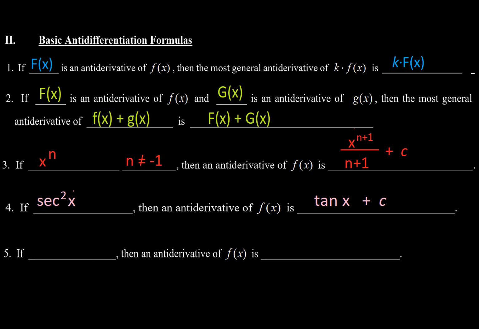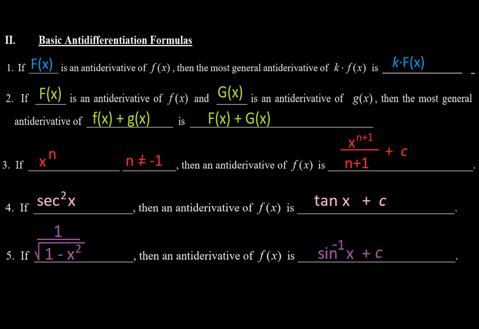Next, if I start off with secant squared, I need to think to myself, what do I take the derivative of that gives me secant squared? Oh, the tangent gives me the secant squared. Don't forget that plus C. Well, what about this? What derivative gives me this rule? Oh, no, the inverse sine.